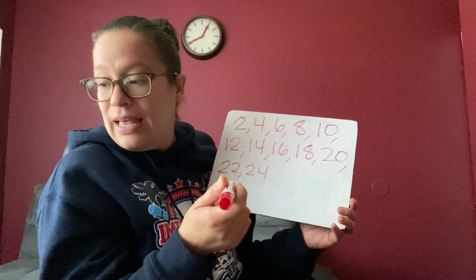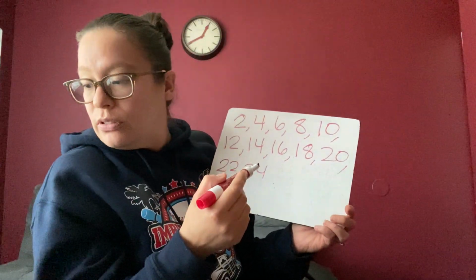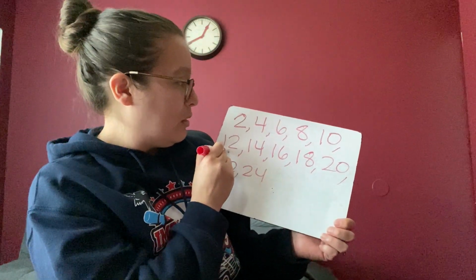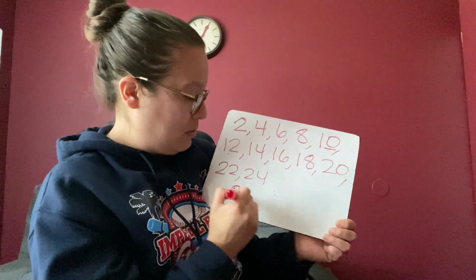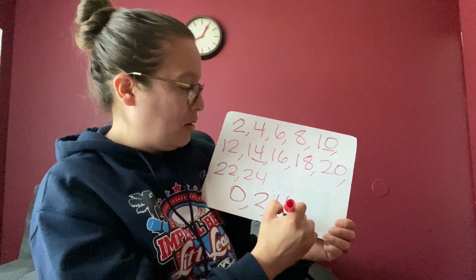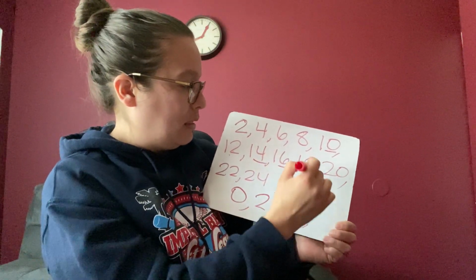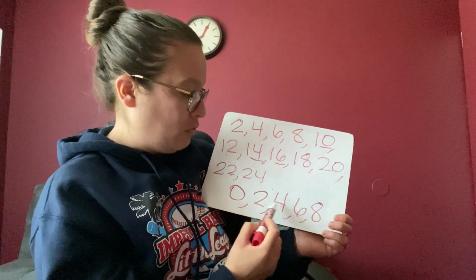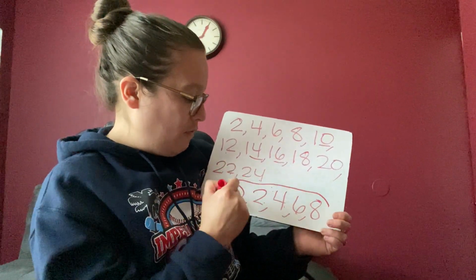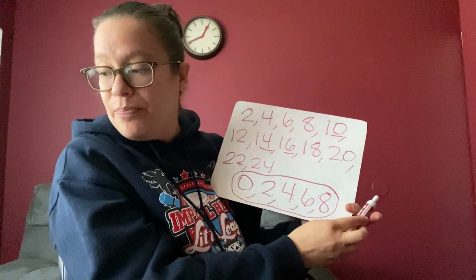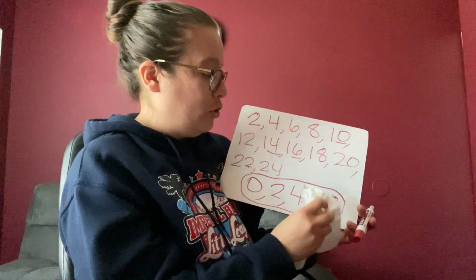All right, so the last digits of the multiples are, let's see, here's 0, 2, 4, 6, 8, and it goes back to 0, 2, 4. So these are the 5 last digits of multiples of 2. Got it? Awesome.